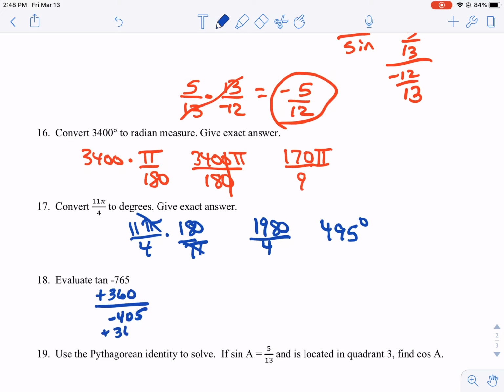So I'm going to go in the positive direction, one full circle, and add 360 degrees. And that puts me at a negative 45 degrees. Well, a negative 45 degrees is in the fourth quadrant. The tangent of 45 is 1, and the tangent in the fourth quadrant is negative. So our final answer is negative 1.